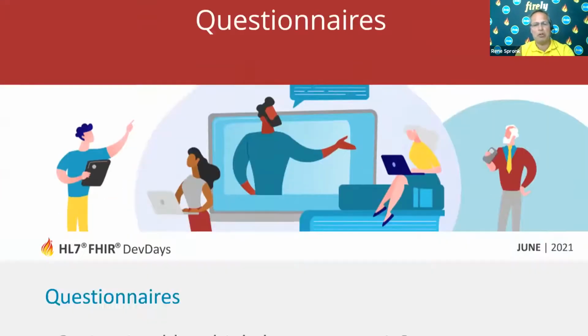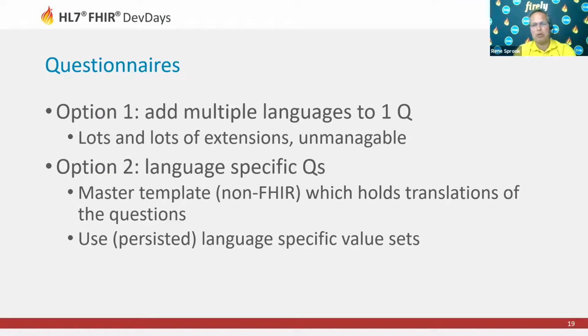A special thing is around questionnaires, because questionnaires could obviously be created for an audience comprised of people that speak different languages. There are two options that I've seen in discussions. Yes, you can create one monstrously big questionnaire and basically add all languages to it.